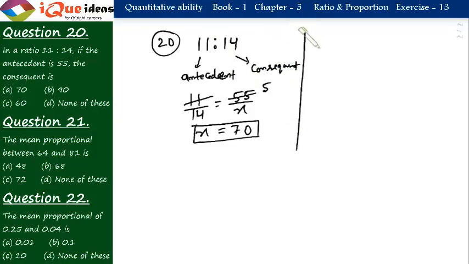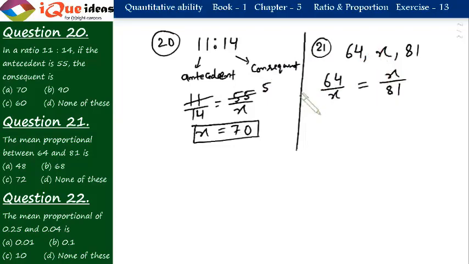Now comes question number 21. It says the mean proportional between 64 and 81. I hope you remember in theory we had done how to find mean proportional. We place x in between the given numbers. So 64, x and 81 are in proportion, and the relation is written as ratio of first two quantities equal to ratio of last two quantities.